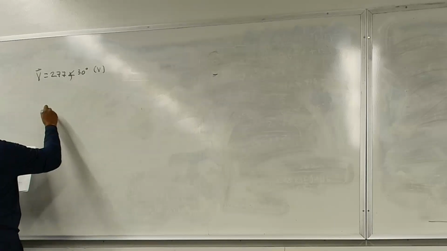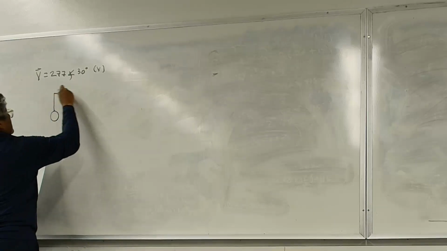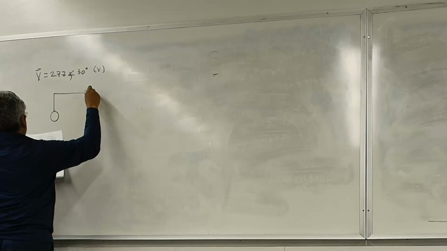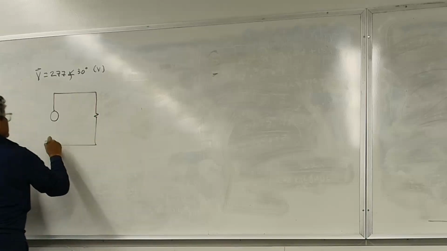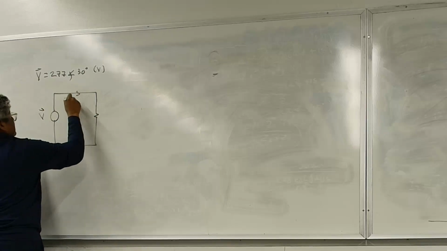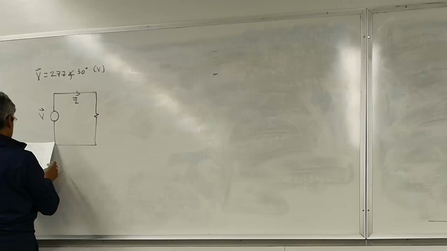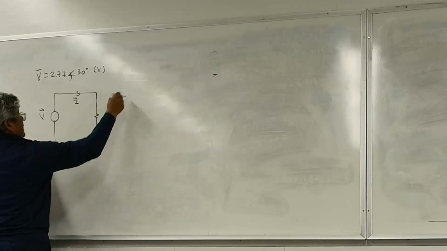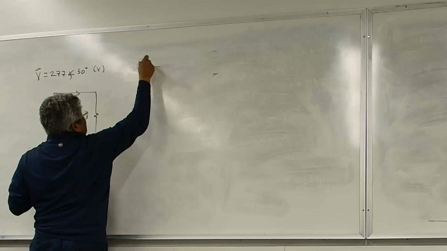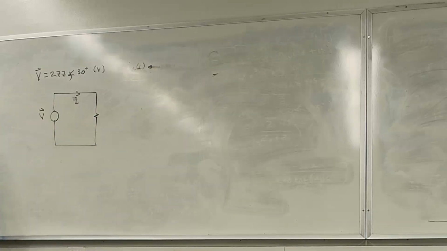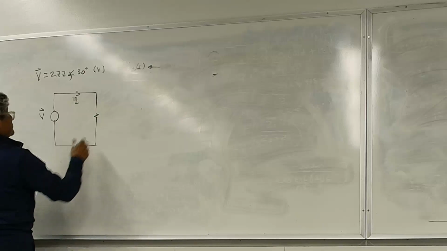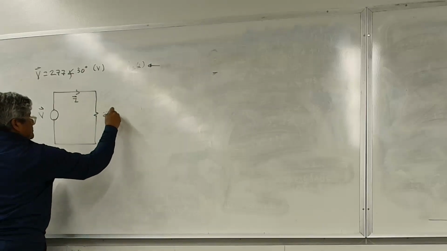So basically what we have is this, and we have a resistor, again V, and they're asking for I. Actually, the question is, what is the instantaneous current for a purely resistive circuit with an impedance or resistance of 20 ohms?